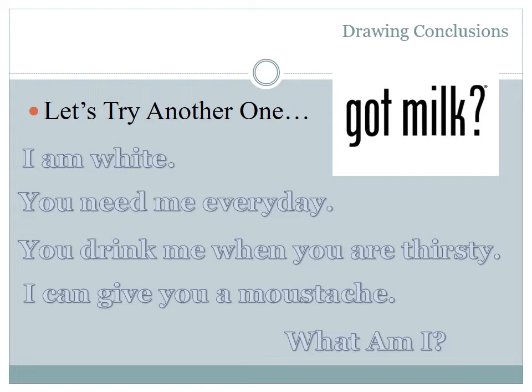And then it can give us a mustache too. Why? Because when you drink, there will be white pigments on your mouth that will make it look like a mustache. So the answer for this example is milk.